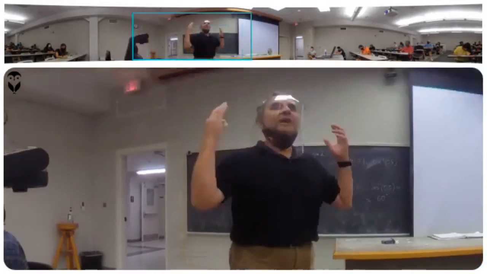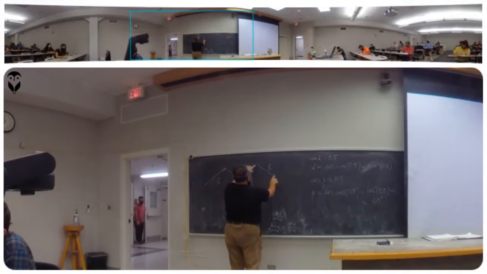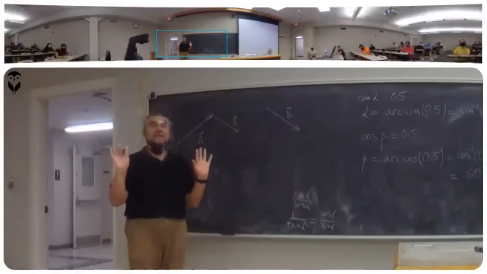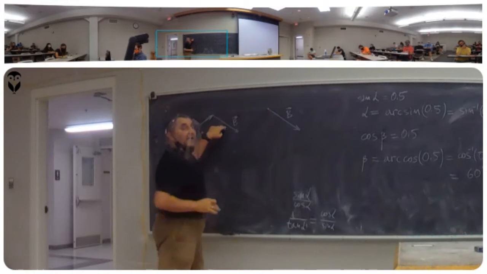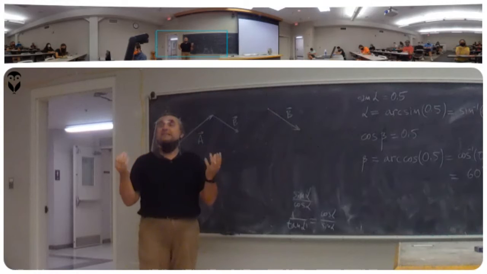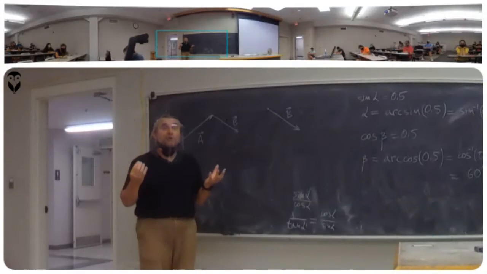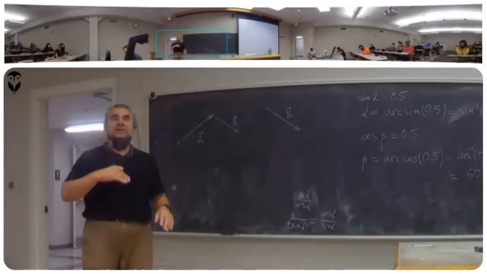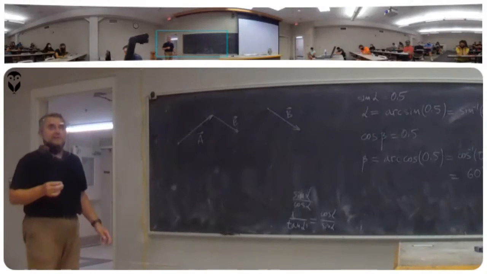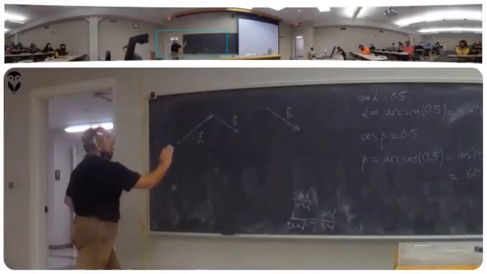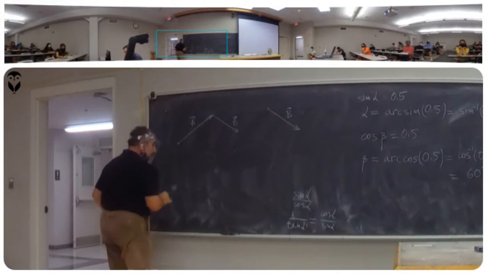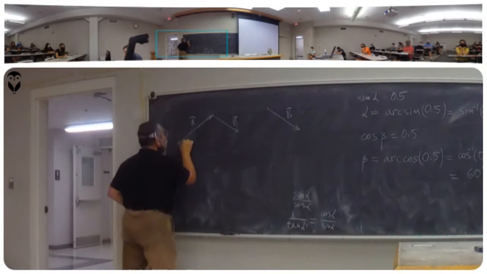A free vector means that you have the right to take this vector and move it to any place you want. Just make sure that you keep the magnitude and direction unchanged. So this and this vector are representatives of the same class of vectors that we call a free vector. So you have the freedom to do this movement of vectors.